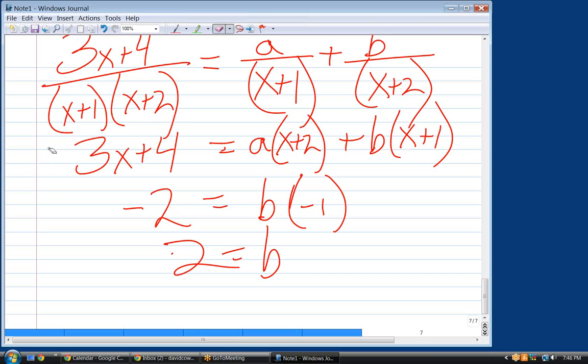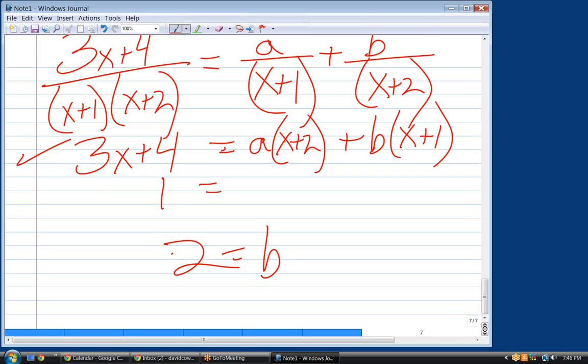Now, again, let's go back to this step and let's solve for a. How am I going to solve for a? What if I were to let x equal minus 1? It would make my b term go away. If I plug in x of minus 1, I get minus 3 plus 4, so that's 1.